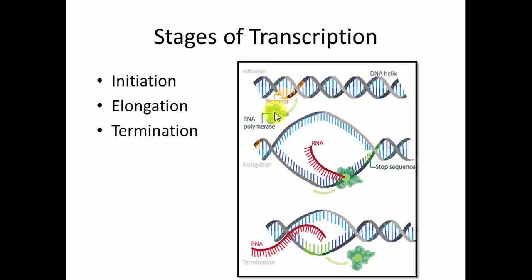So transcription takes place in 3 stages: initiation, elongation, and termination. Initiation is an interesting process because initiation involves a series of molecules that act to regulate when and where and how frequently the transcription process takes place.